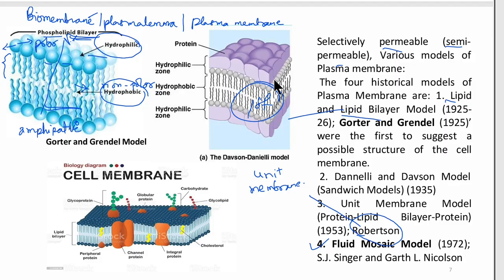Hence they concluded that the plasma membrane consists of a bilayer, with the polar groups of these molecules situated outside of the layer. This is the lipid bilayer model given by Gorter and Grendel.